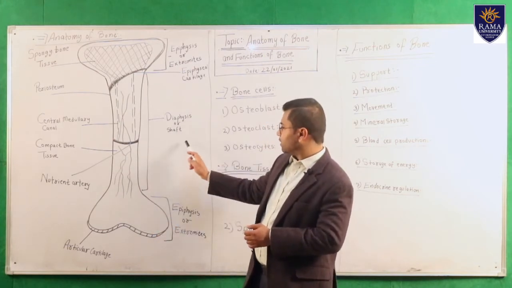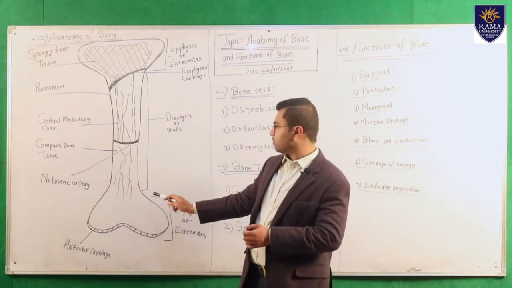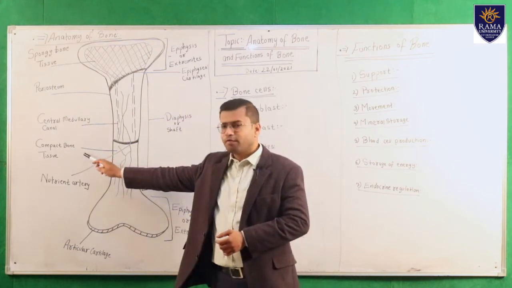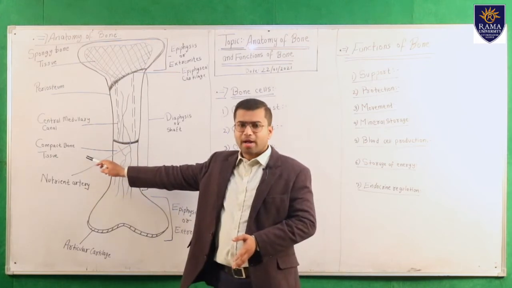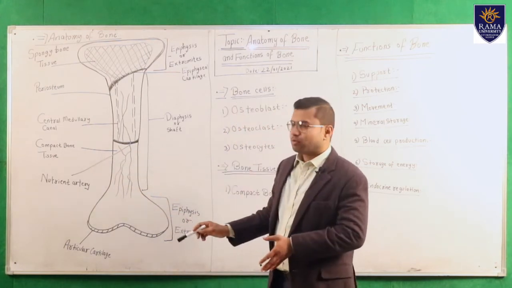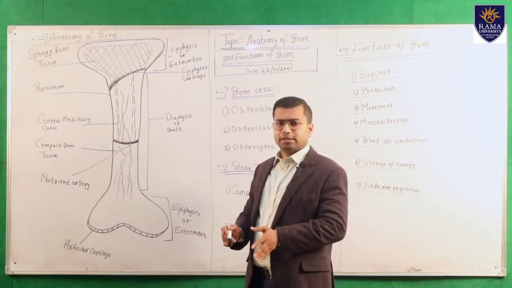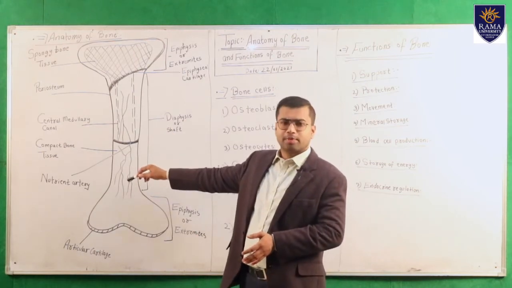Next, the diaphysis, the long or central portion of the bone, consists of compact bone tissue. Compact bone tissue is hard in nature and it constitutes 80% of the bone.